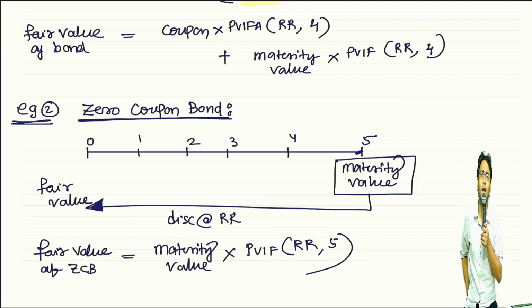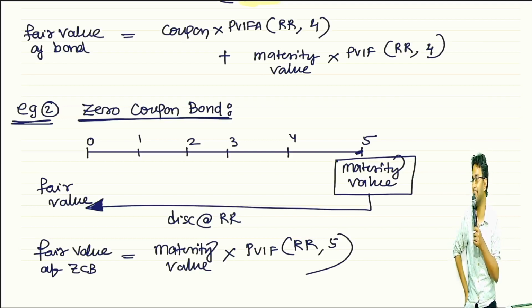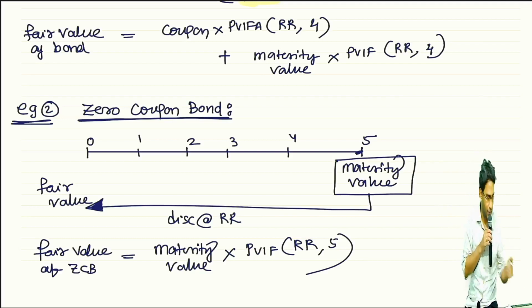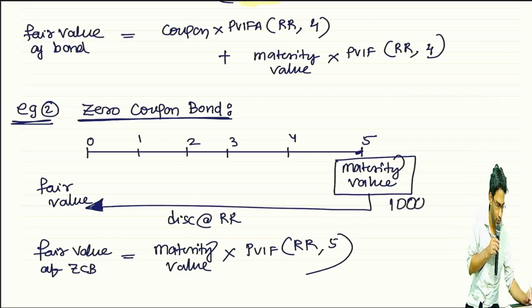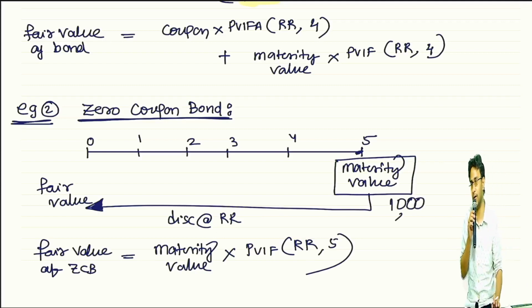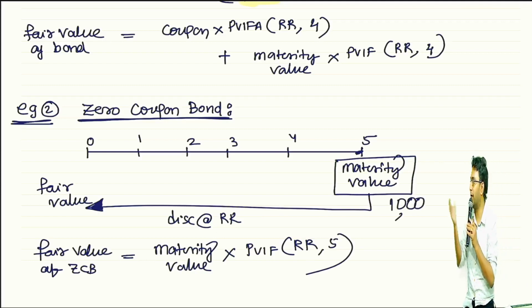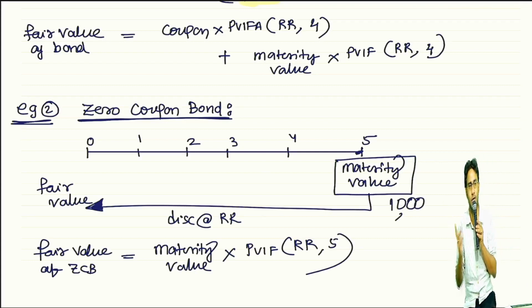One general doubt, sir. If a company is not paying any interest at all, why would I buy the bond? This bond is issued at a discount. Because if maturity value is 1000, today also you will not buy the bond at 1000. The present value of 1000 over 5 years will be some 600 or 700 rupees.